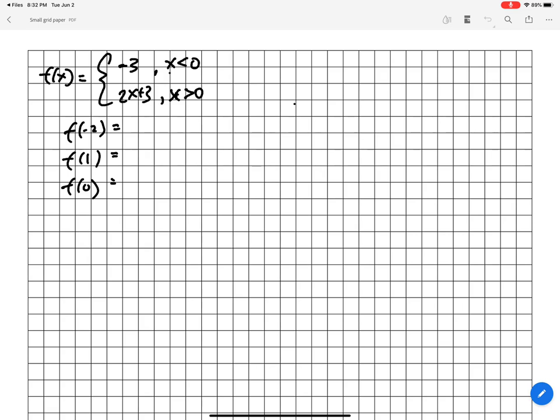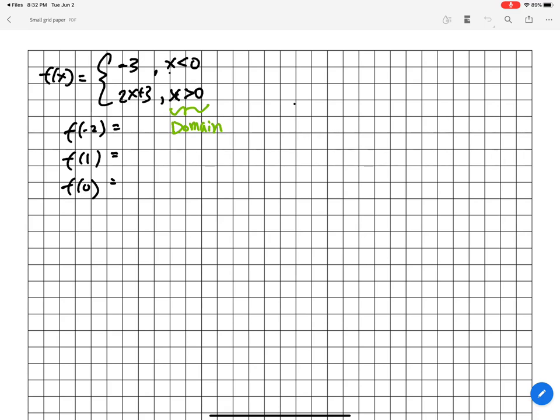When you have a piecewise function, the x less than 0, x greater than 0, that's your domain. So these graphs, negative 3 and 2x plus 3, will only happen if x is in the domain.